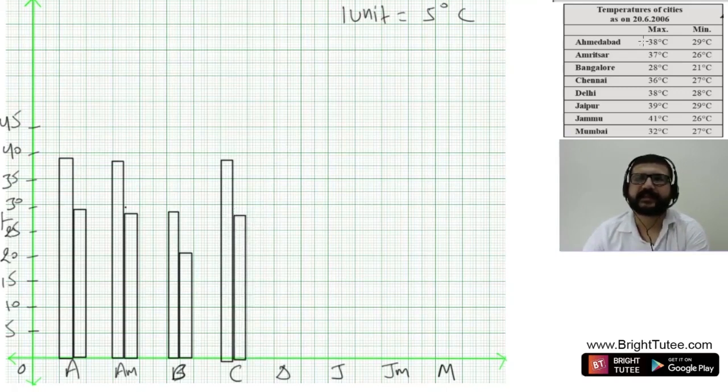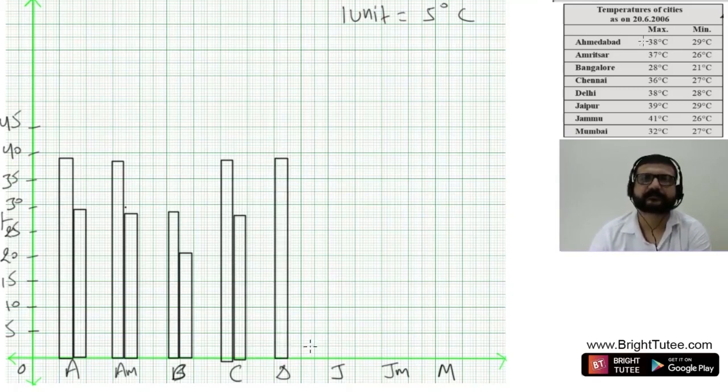And then for Delhi the maximum is 38 and the minimum is 28. So for the maximum we will get a bar like this, and for minimum, which is 28, it will be like this.